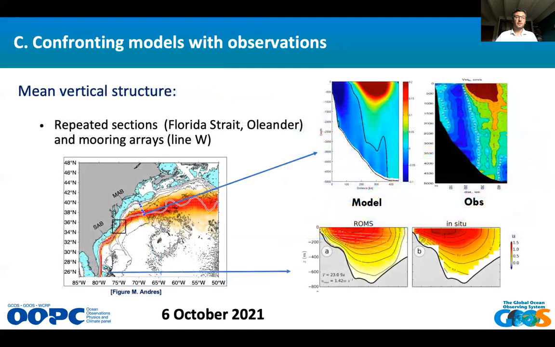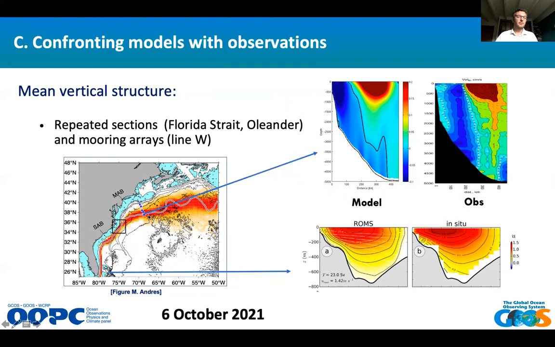If you are interested in what's happening below the surface, it's even more difficult to check the realism of the model. For the vertical structure of the currents, we don't have a lot of data to compare with. If you have seen the previous talk by Magdalena Andres, you've seen that there are a few repeated sections, like the one in the Florida Current here.